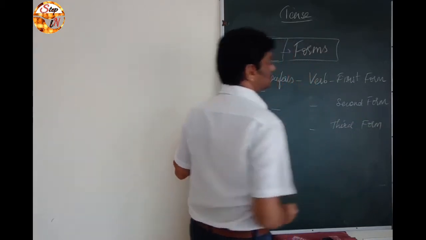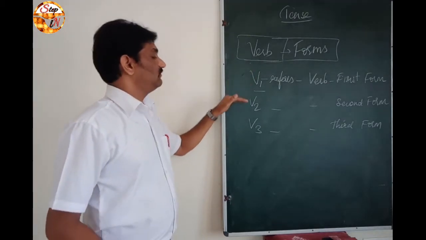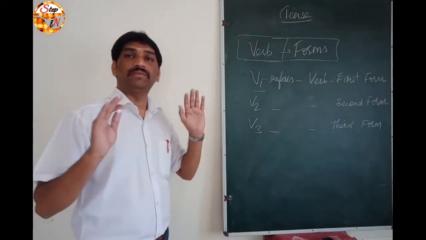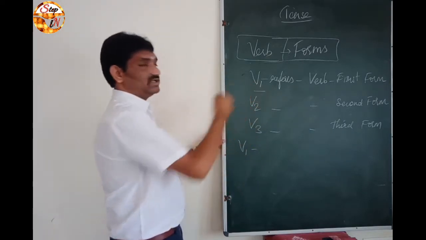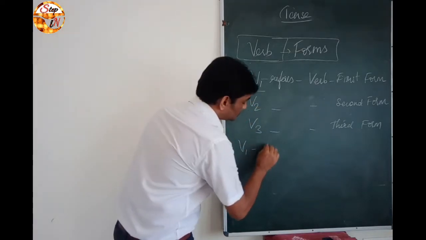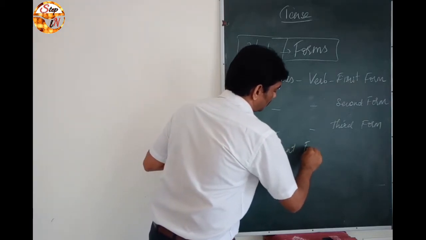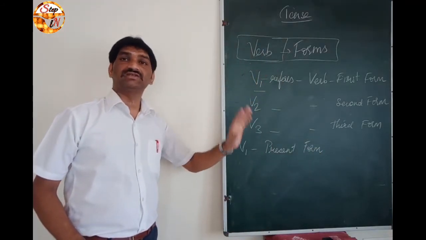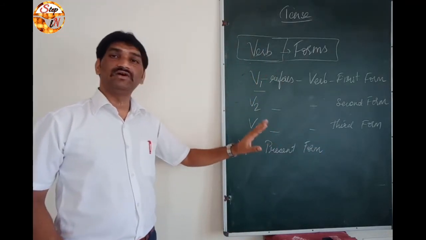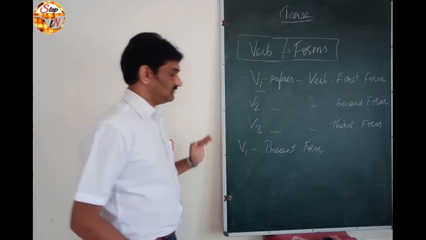So mainly these 3 forms we must know, but for verb 1, verb 2, verb 3 we have separate names also. For example, verb 1 always refers to the present form, that is the first form. Don't confuse it with the words present tense, it is present form. So always the verb will be there in the present form only, that we will see with examples.